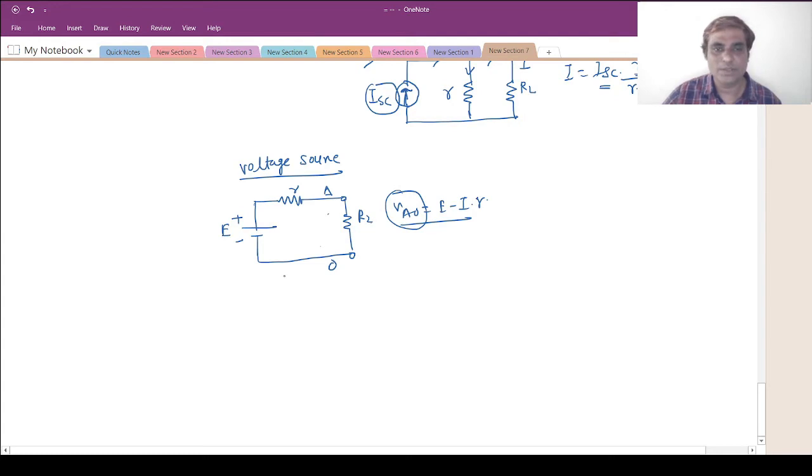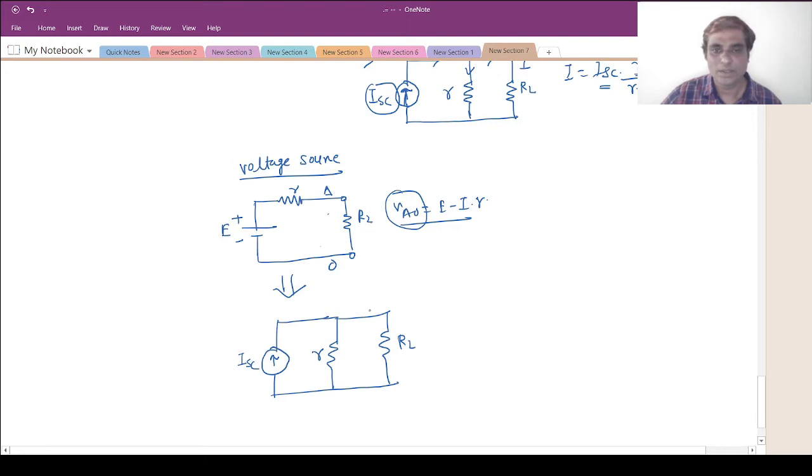Whereas if it is an ideal current source, then what can be done? E by R will be giving me the current source, which will be ISC, and then two resistances which are in series can be connected in parallel, which will be R and RL.